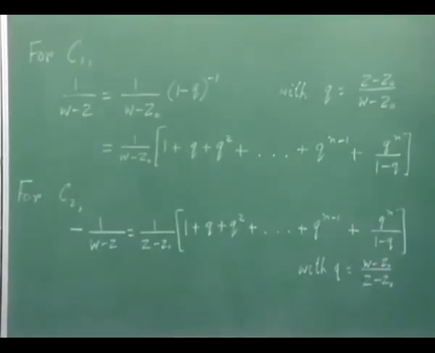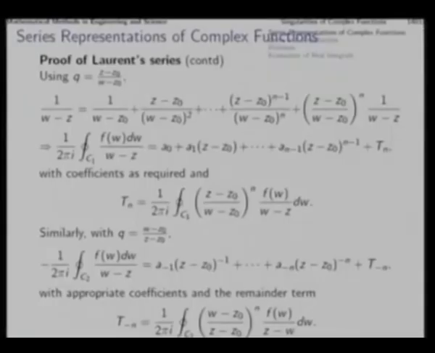So, now we say that the entire stuff that we are looking for, that is this integral plus this integral, and we are saying plus because the minus sign has been included already, will turn out to be the sum of all these terms plus the sum of all these terms plus Tn and T minus n, the remainder terms.